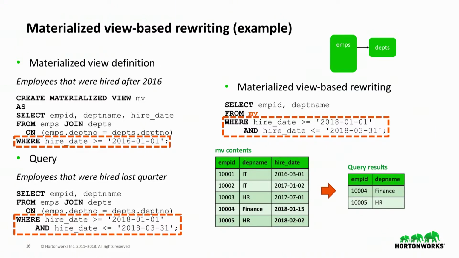If the materialized view contents are the 5 rows you see below, then you would filter the rows and only obtain 2 of them, the employees that were hired in the last quarter. What I try to show with this one is that we have the capability of checking containment in the filter conditions and adding these kinds of compensation predicates on top of the views.